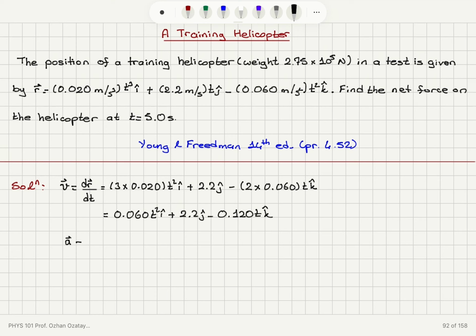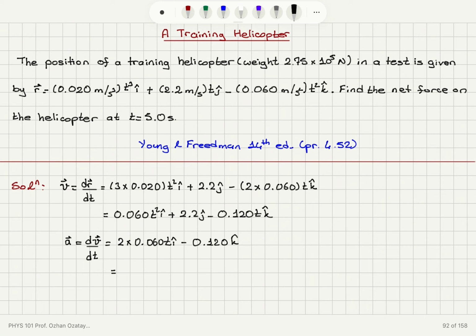Now I'm ready to calculate acceleration. Acceleration is the derivative of instantaneous velocity with respect to time, dv/dt. 0.06 t squared becomes 2 times 0.06 t i hat, 2.2 j hat has a derivative with respect to time of 0, and then I have minus 0.120 k hat.